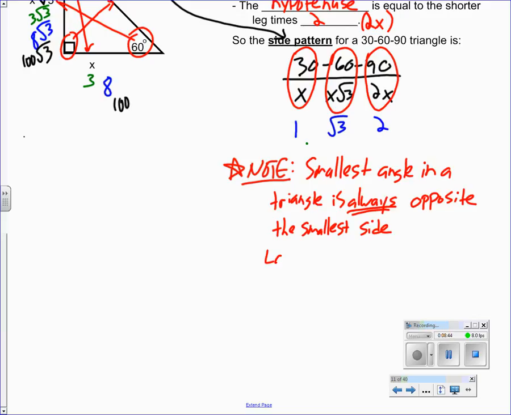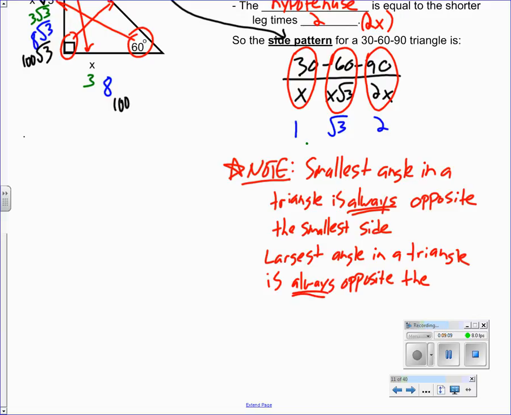And same thing, the largest angle of a triangle is always opposite the largest side. And then obviously the in-between angle and the in-between side line up as well.